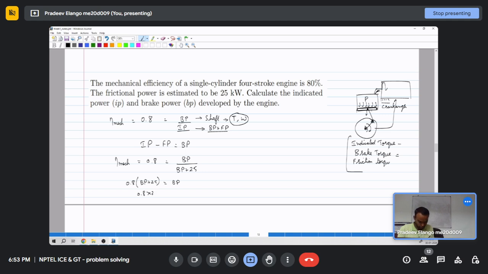Then 0.8 into 25 is equal to 0.2 times brake power. So brake power is equal to 4 times 25, that is 100 kilowatt.